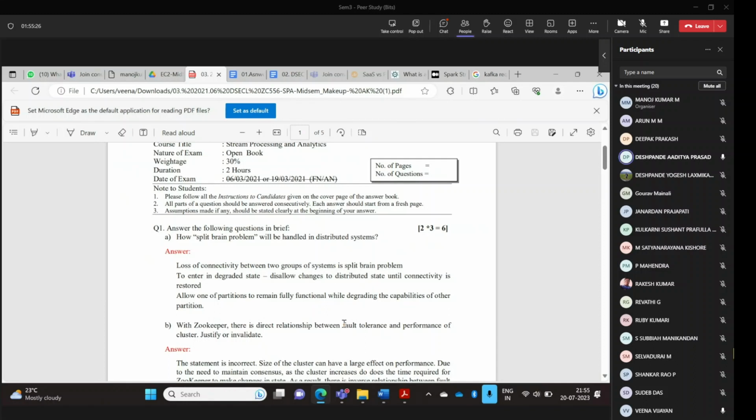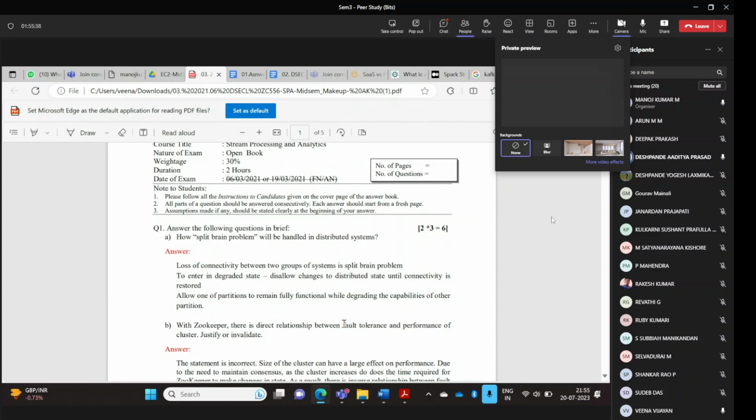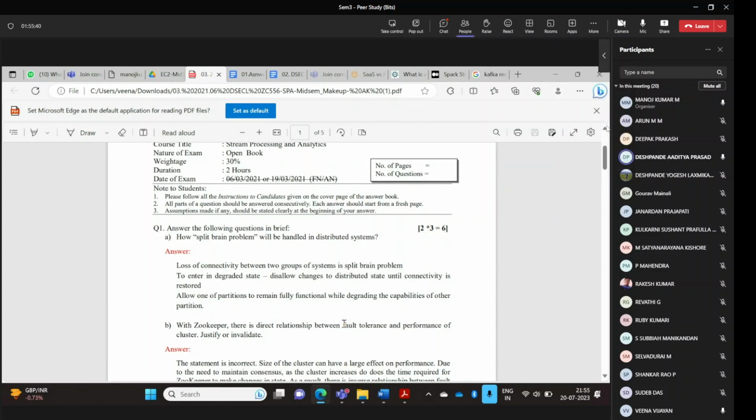Yeah, loss of connectivity between two groups. Two systems or two clusters lost their connectivity, and then there is a quorum algorithm which elects a new leader among them. That's what I think the split brain problem is.